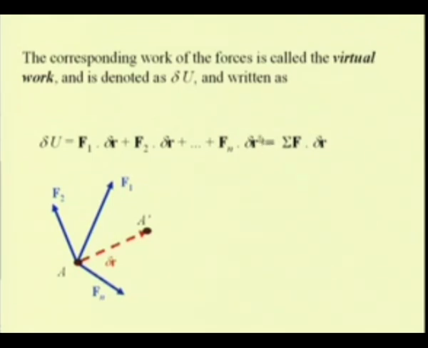So, if I represent the resultant of all these forces by a vector, say sigma F, then the work done by these forces in doing this virtual displacement is equal to sigma F dot this virtual displacement vector delta r.